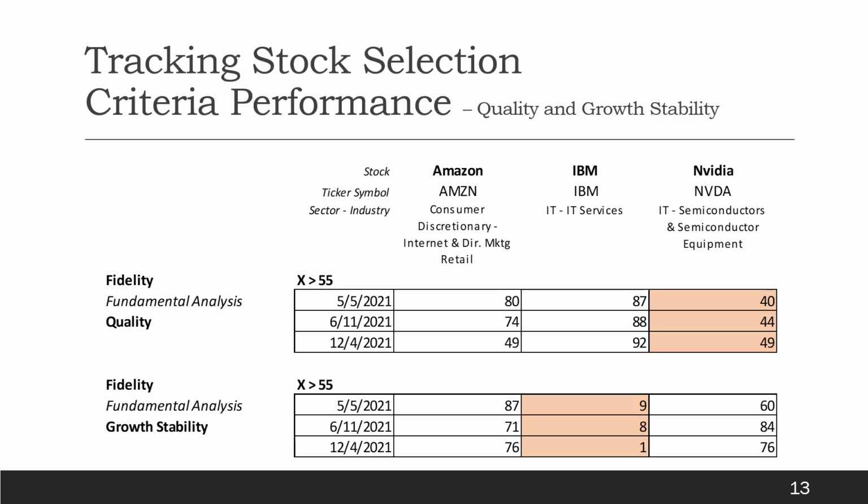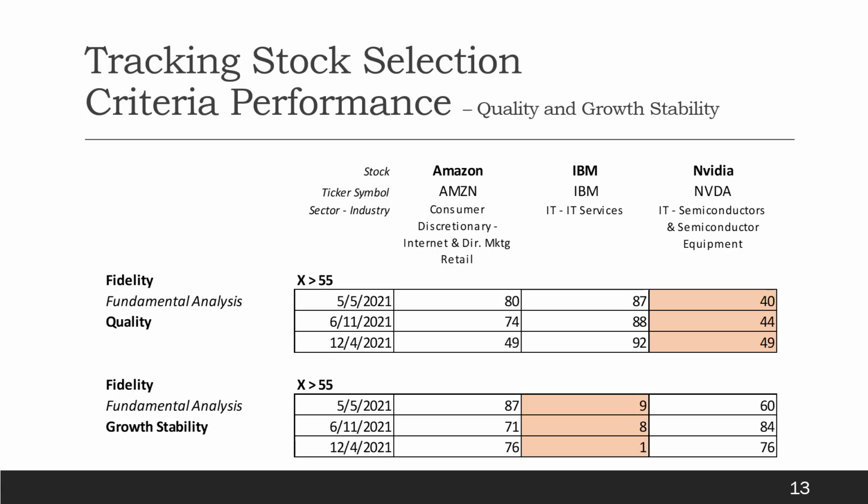Fundamental analysis section for a stock quote. As for Amazon, quality has drastically gone down from a score of 80 to a score of 49. IBM has improved from 87 to 92. NVIDIA has improved from 40 to 49, but is still below our minimum set at 55.